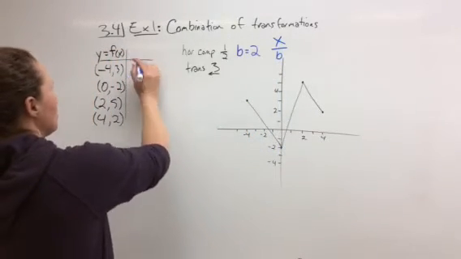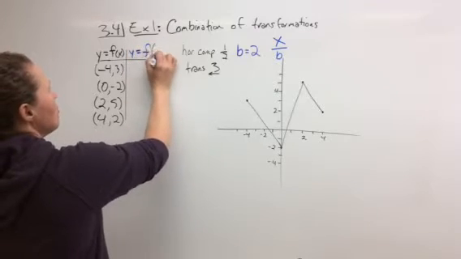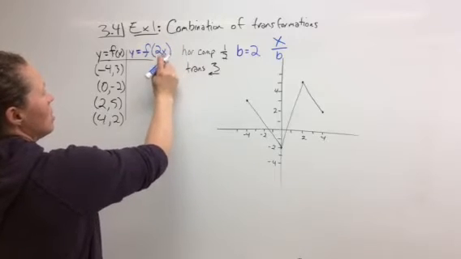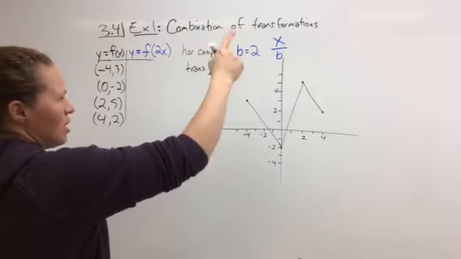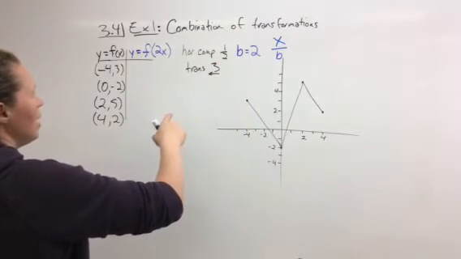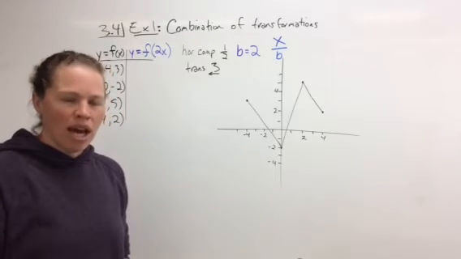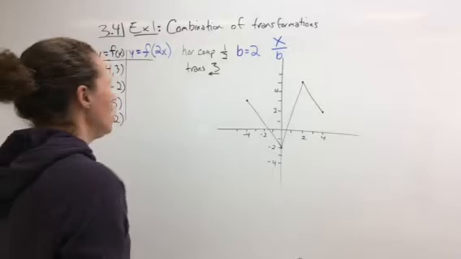So when I write it over here, my new formula is going to be y equals f of 2x. So I know that the 2 is actually the b, which means I have to divide x by 2. So that's kind of that weird little part. We have to remember that it's actually an inverse relationship.